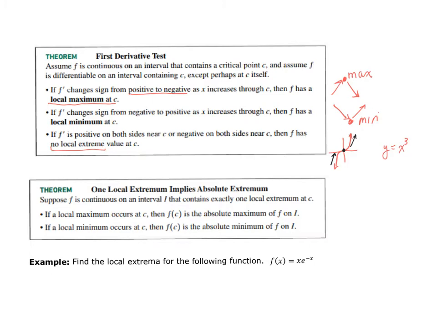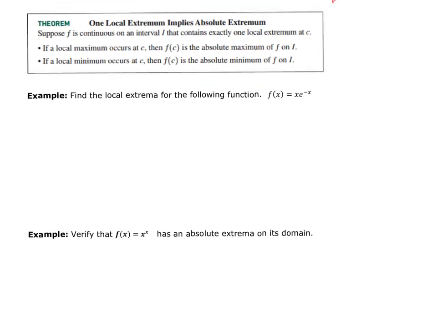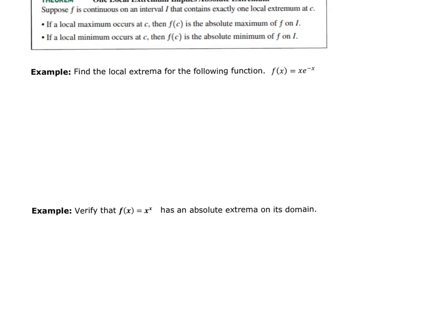Okay, so let's take a look at an example. We've got: find the local extrema for the following function, x times e to the minus x. So first we're going to take the derivative of this function, and we're going to get f prime of x is first times the derivative of the second plus the second times the derivative of the first.